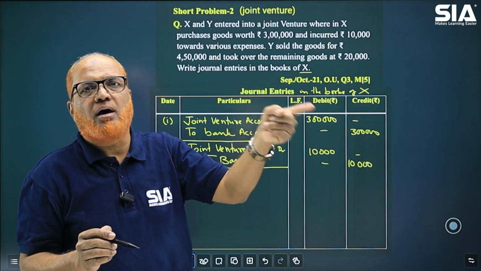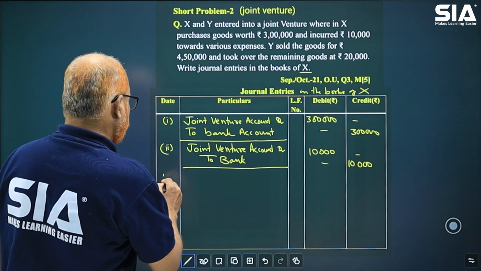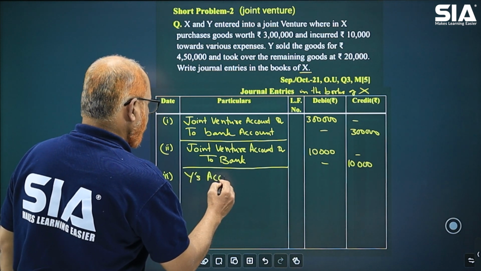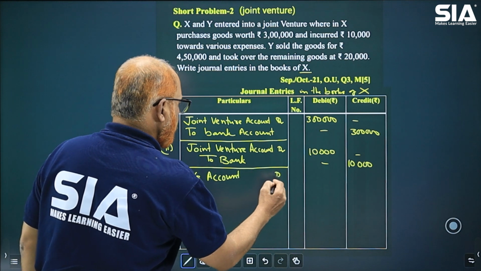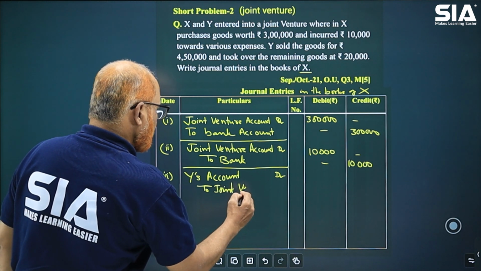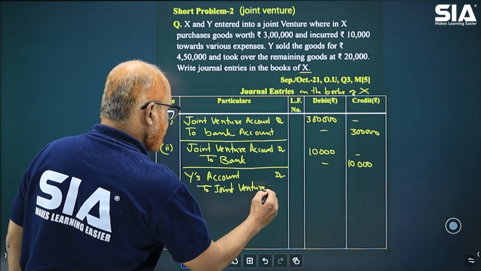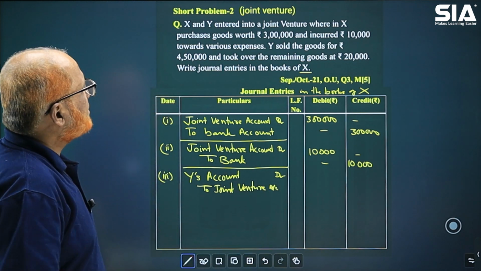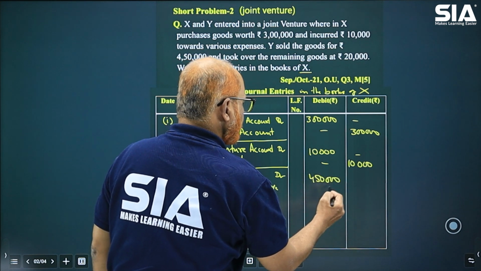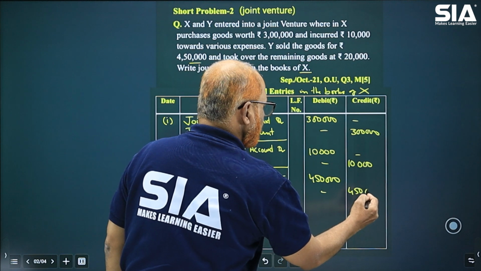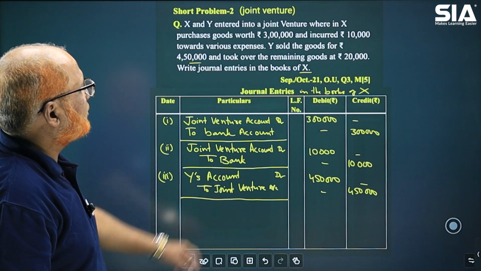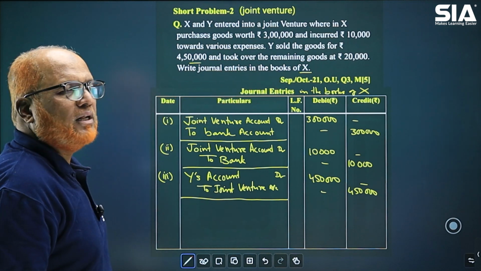So Y's account debtor to joint venture account. Right? How much is the proceed? Sale proceeds 4,50,000.